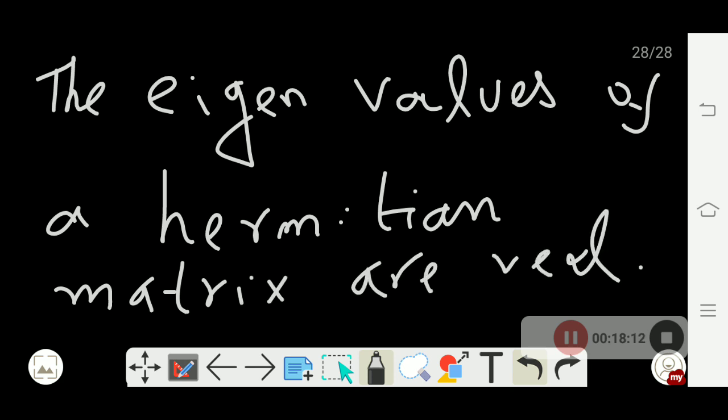Okay. And what is for A? The mod of the characteristic root is equal to 1 in case of a unitary matrix. This is for a Hermitian matrix, that eigenvalues will be real. Remember this.